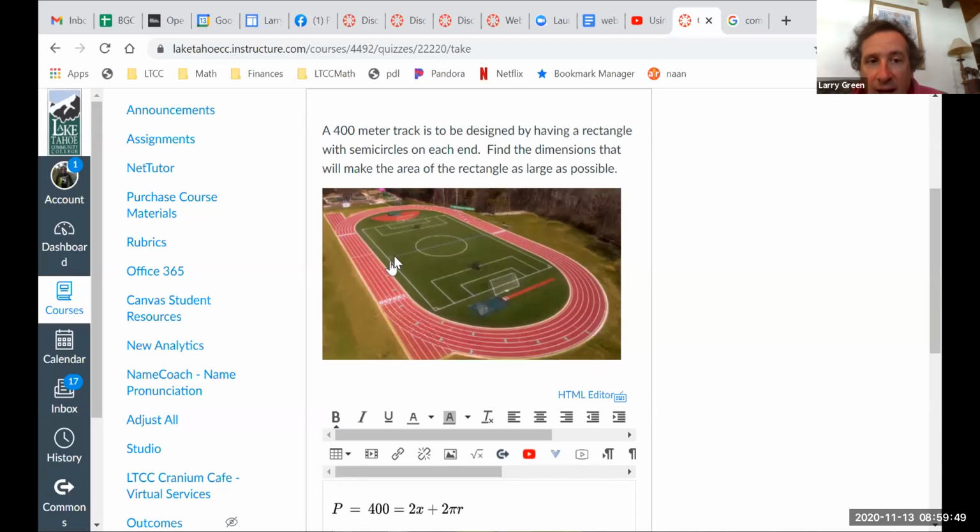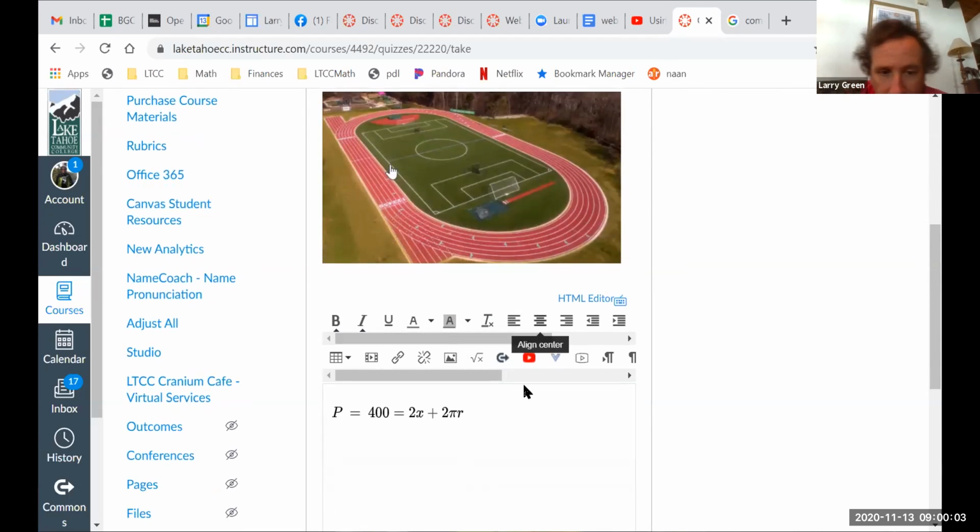Yeah, so the height is X and the base is 2 times the radius because it's a diameter. So our area is 2XR. Any questions so far?